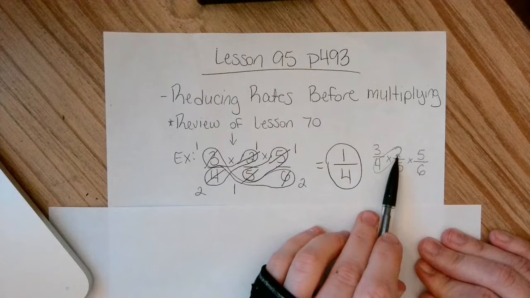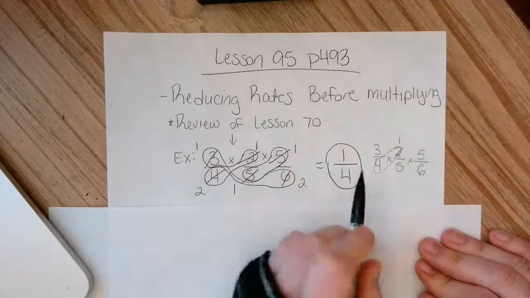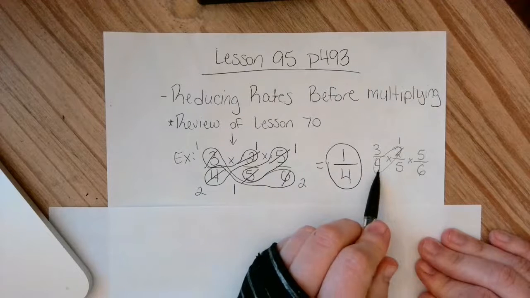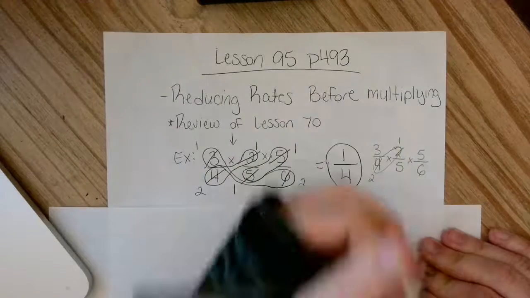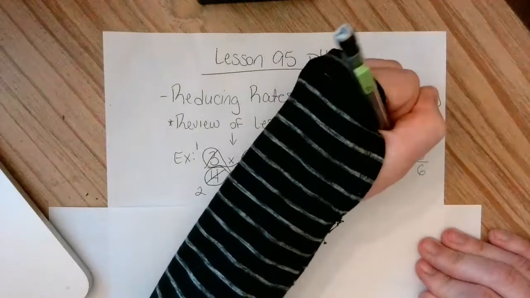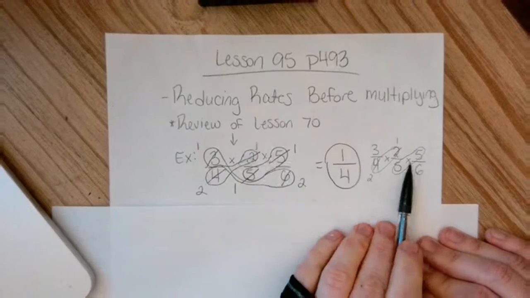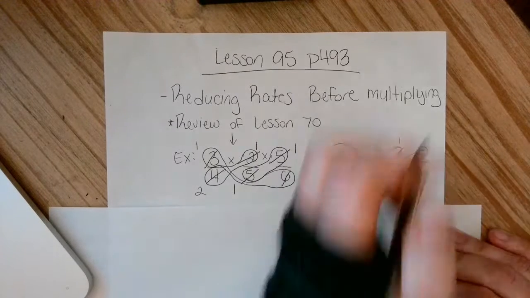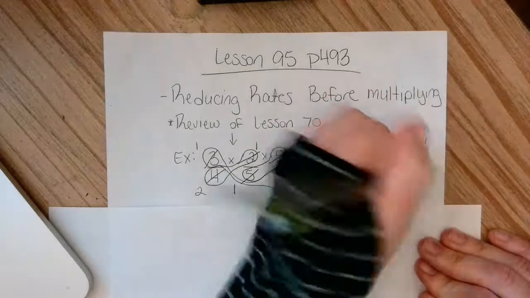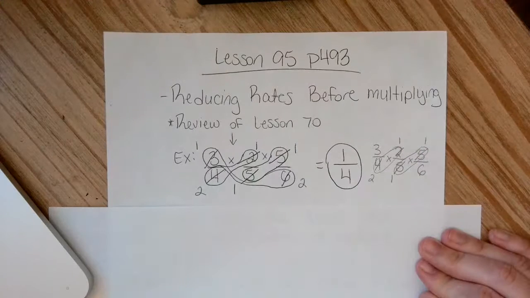So 2 divided by 2 gives me 1. 4 divided by 2 gives me 2. And then I know I can pair up these 5s, and the greatest factor that goes into 5 is of course 5. So 5 divided by 5 gives me 1, and 5 divided by 5 gives me 1.